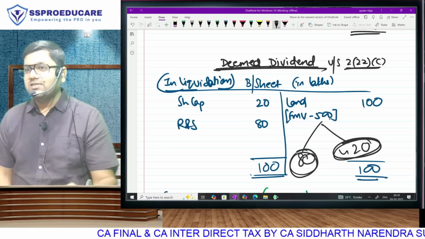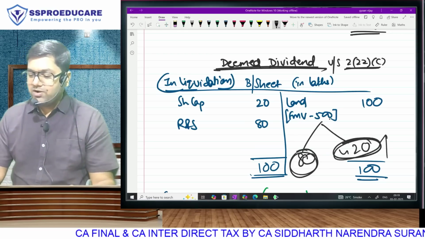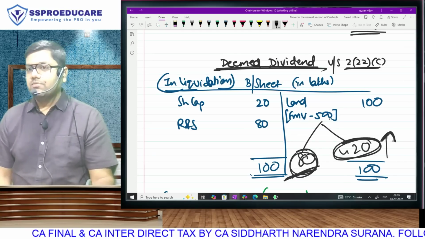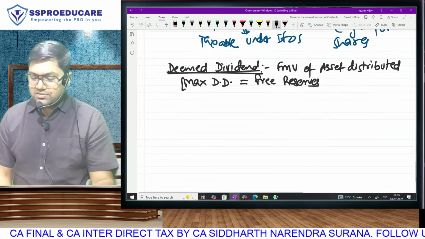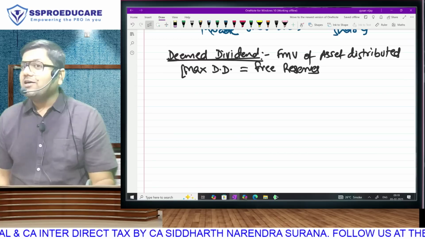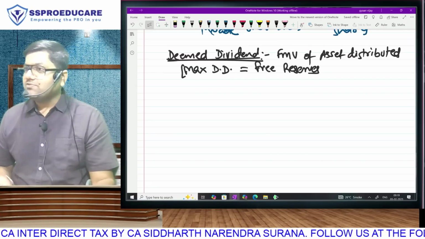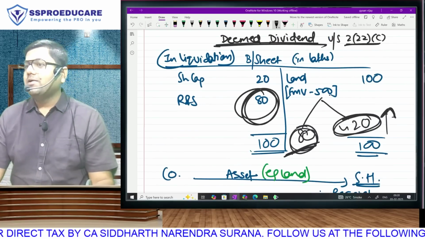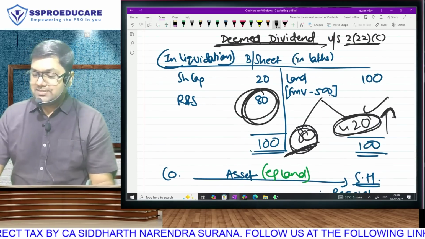The whole intention is, I would want to have more and more value here and try to remove this entity. You understand? Deemed dividend. Full fair market value would have become dividend, but it cannot be more than reserves, and therefore this amount became the value of my deemed dividend. And I took the balance here.